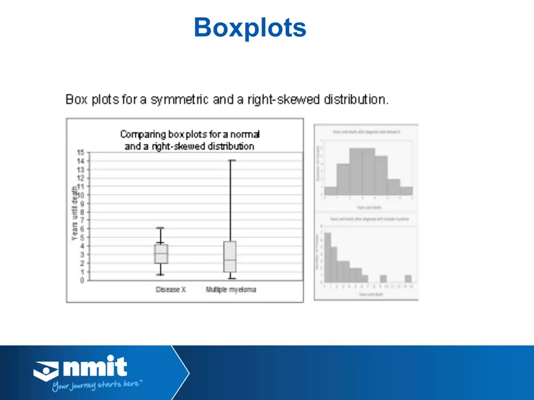Here we see that box plots can be just as effective as histograms in showing skew, except that box plots have the added advantage of showing the viewer immediately where the median and the quartiles are in the range.